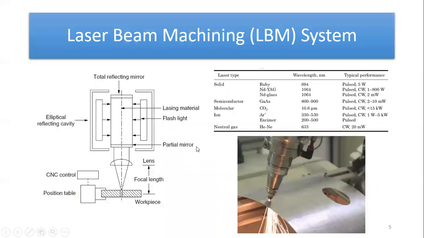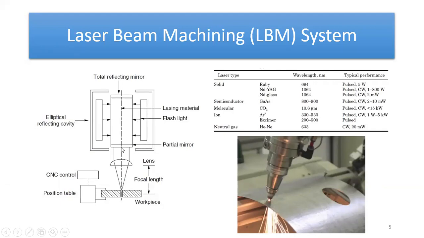Again, this is the schematic of it. You have a reflecting mirror over here, then the laser tube, so the lasing material is inside here. You can excite it using some excitation power, in this example a flash lamp.